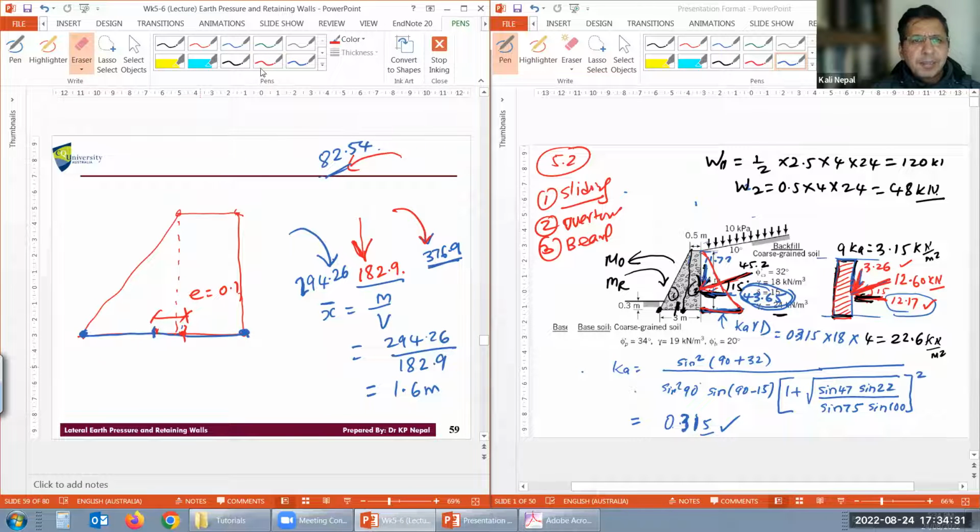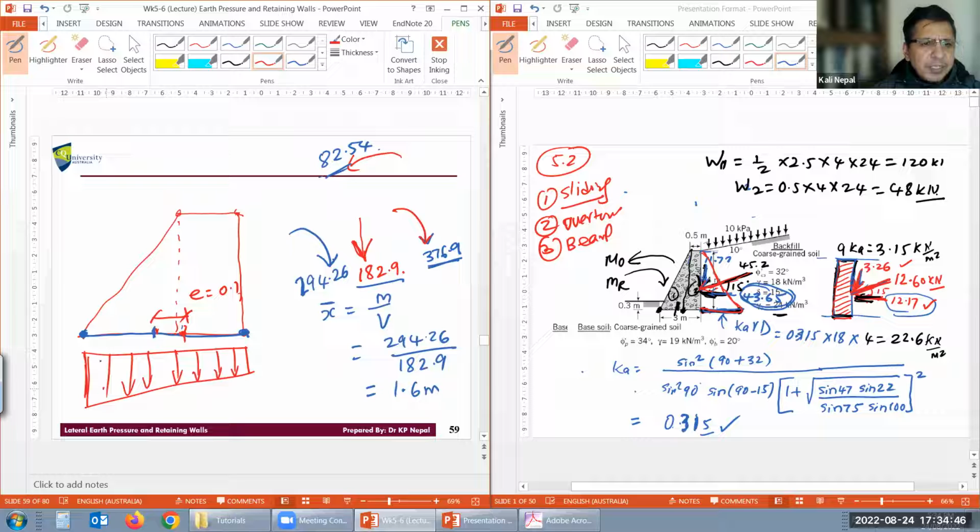I want to draw the pressure diagram here. This is Q max, and another side is Q minimum, so there will be a pressure distribution at the bottom. So this is Q max this side, and Q minimum this side.